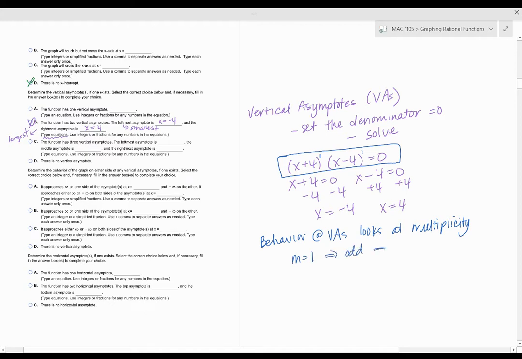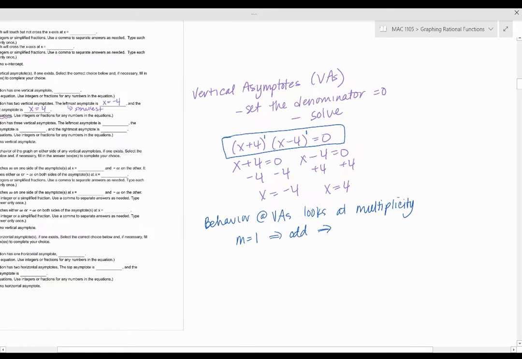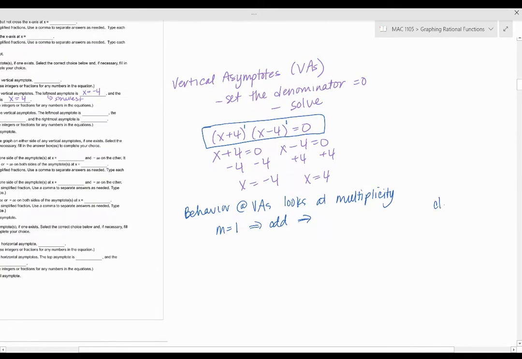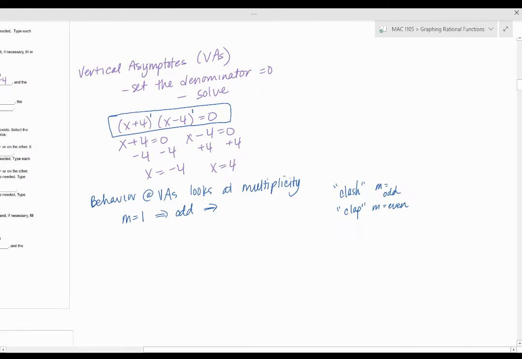Remember, when it comes to the behavior at asymptotes, you only have 2 choices. Either your function is going to clash, as I called it, or it's going to clap. It clashes if the multiplicity is odd, and it claps if the multiplicity is even. Another way to think about it is that the function approaches different infinities as it approaches that asymptote, which is why it's clashing.